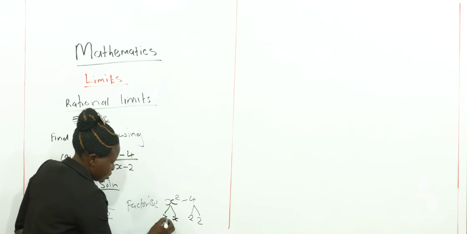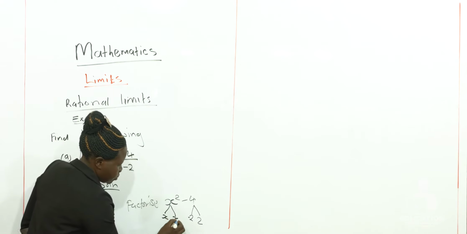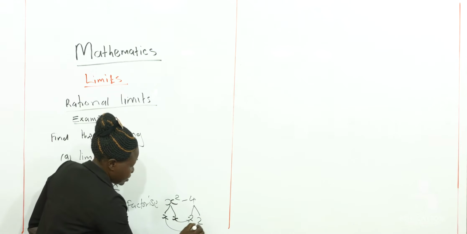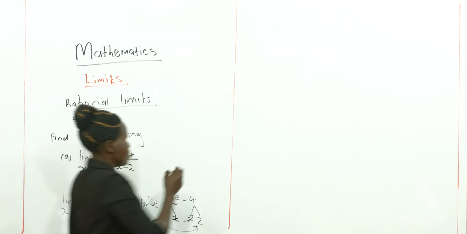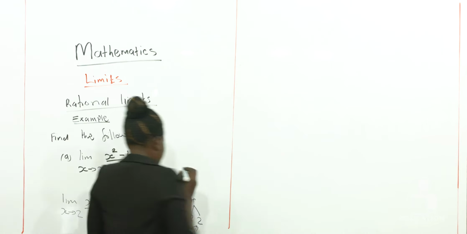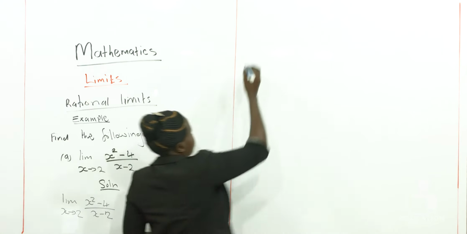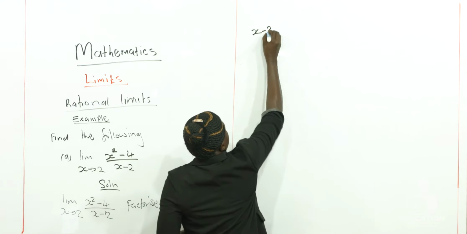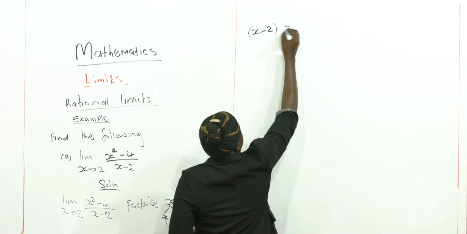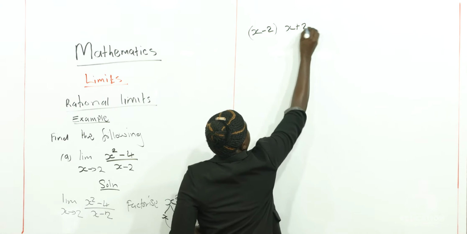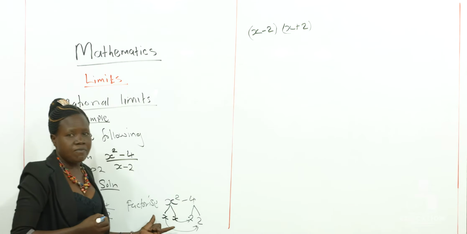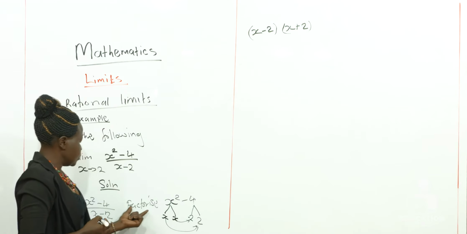These two factors that we have got, you now simply match them. You will have x minus 2 and then x plus 2. So learners, these are our factors for this numerator.